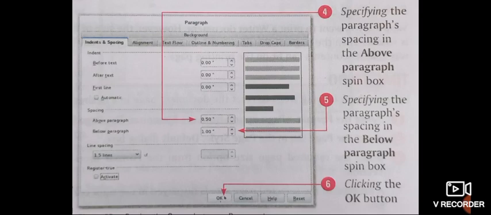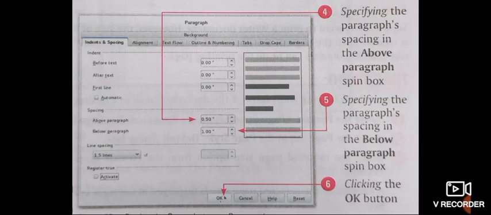To set the paragraph spacing, we have to click on the Format tab. From there select the Paragraph option from the menu bar. The Paragraph dialog box opens as shown here. Then we click on Indent and Spacing.